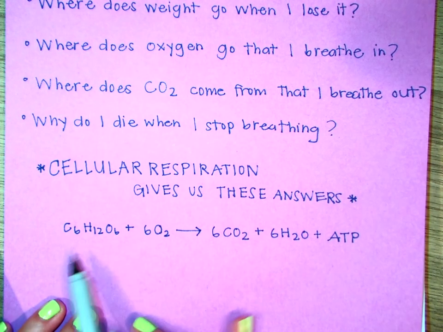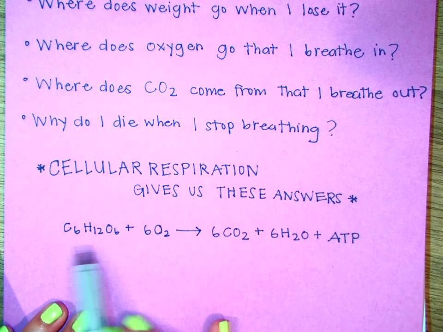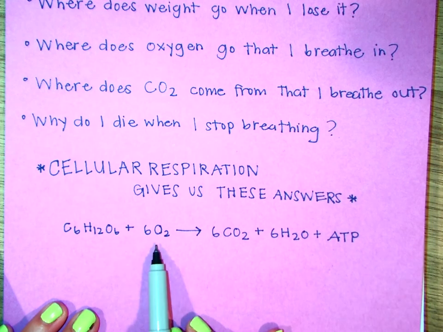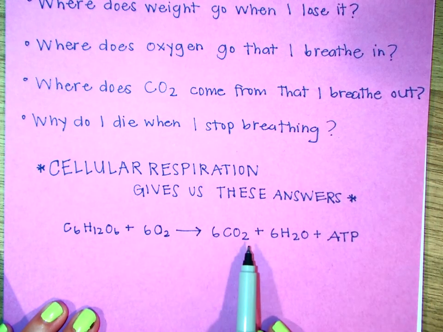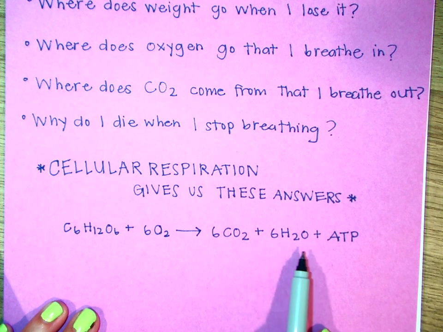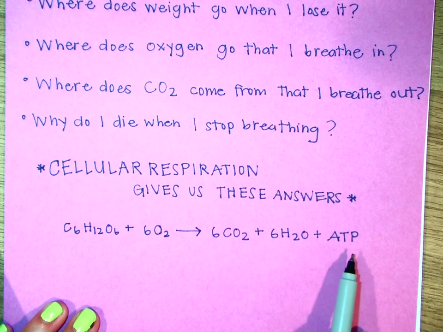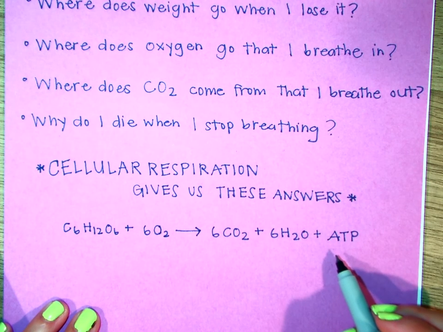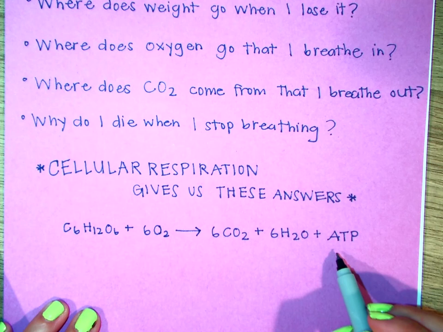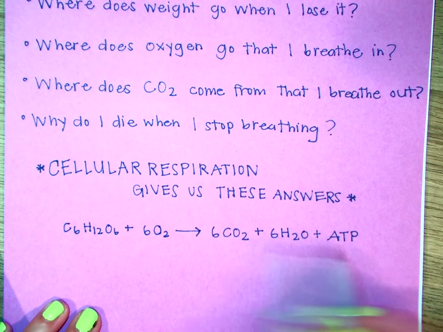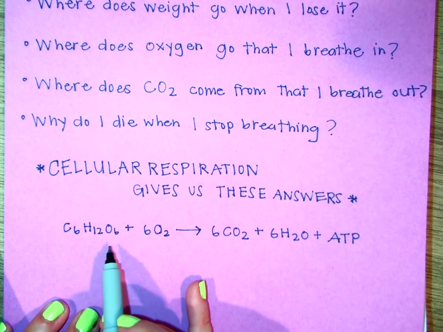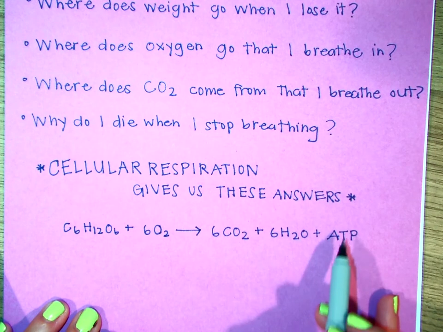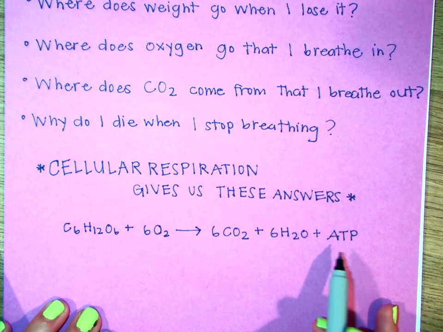So what goes into the reaction is glucose and oxygen, and what comes out is CO2, water, and ATP. So remember, ATP is that energy currency of the cell that the cell needs in order to do the work it's got to do. It can't use glucose. Glucose has to be converted, if you will, to ATP.